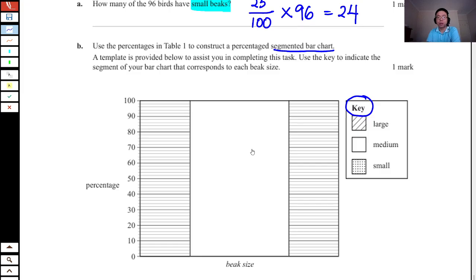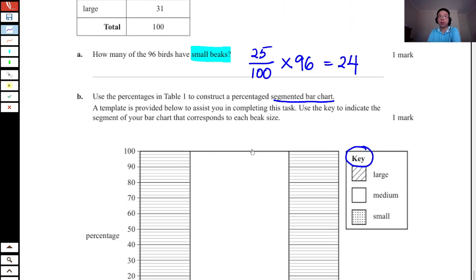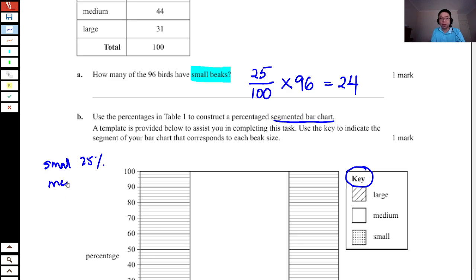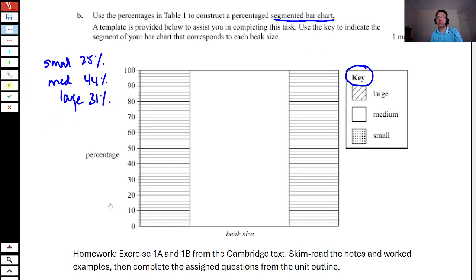So, we know that the small group has 25%, the medium group has 44%, and the large group has 31% of the birds. So the way that we can do this is to start with the small group from 0.